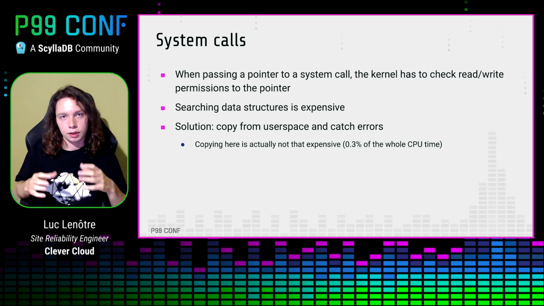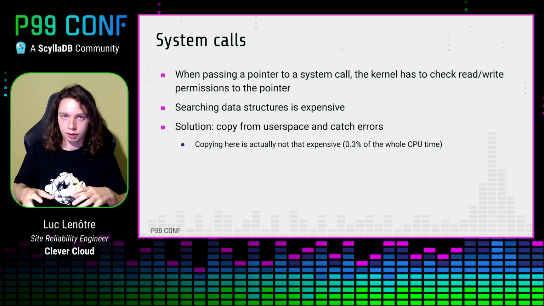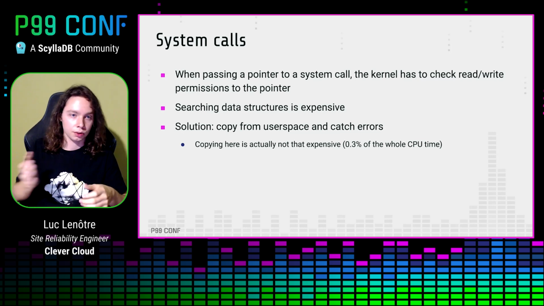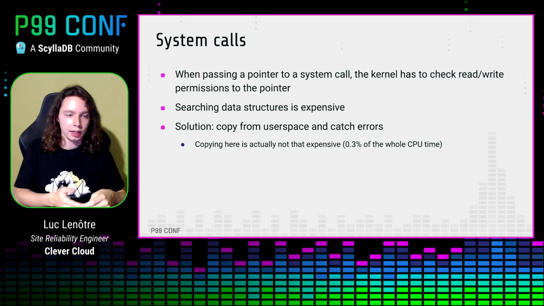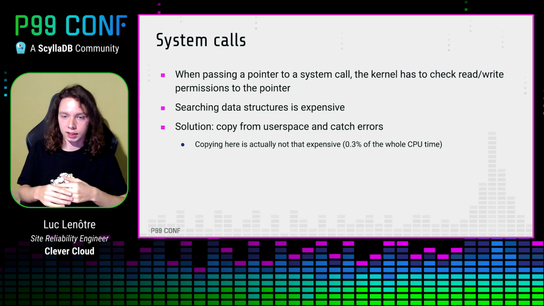And if an error is happening, then we are going to stop the copy and return an error from the system call. Copying actually has a cost, but it's not that expensive. So for the added security, it's more than acceptable.